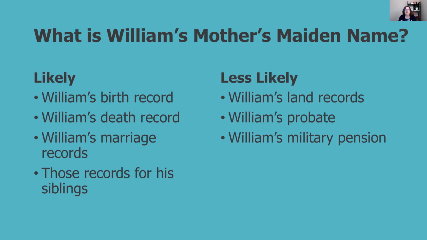But if we're focusing on trying to find William's mother's maiden name, looking at William's probate is not at the top of my list. So I can start to focus. Okay. I can kind of put the blinders on a little bit. And it's like, okay, later on, I'll look at William's probate. It's a wonderful record. I'm sure it has some great information in it, but it isn't probably as pertinent to the question I have at hand.